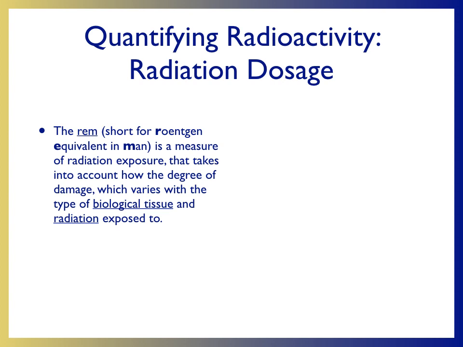Remember that alpha radiation, having a positive 2 charge, can do more damage than beta or positron emission, which have a smaller magnitude of charge. All of this is taken into account in the REM.